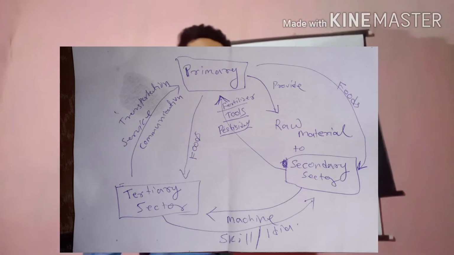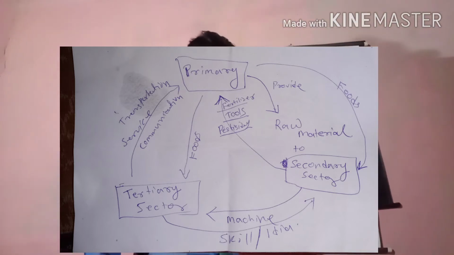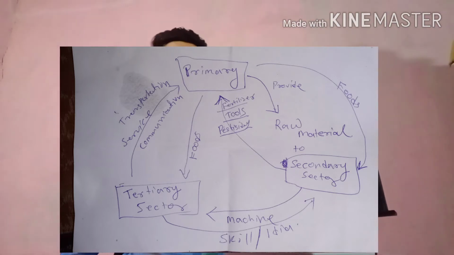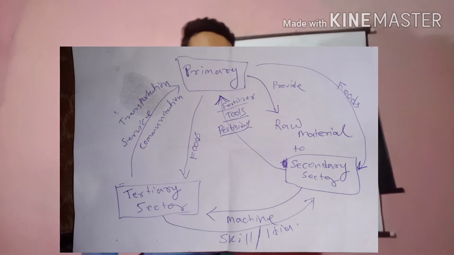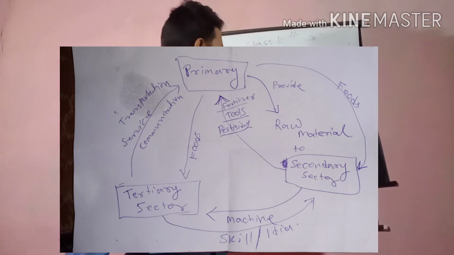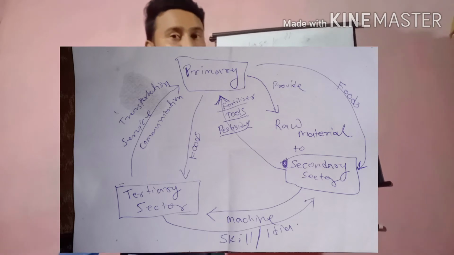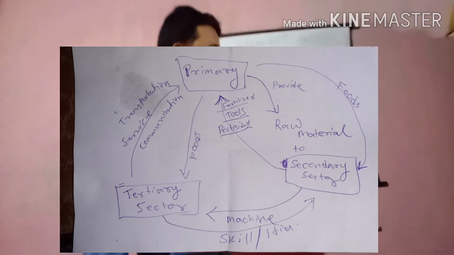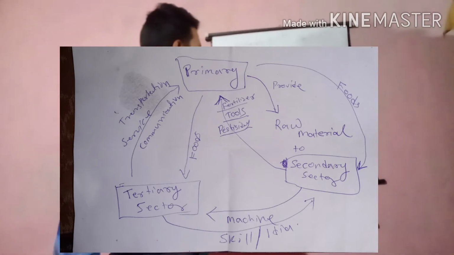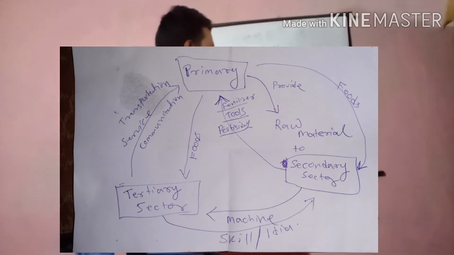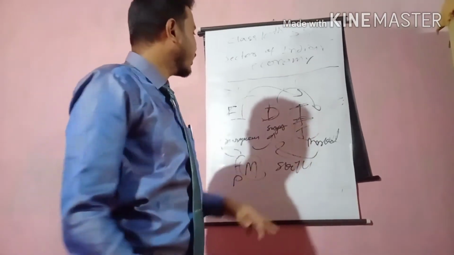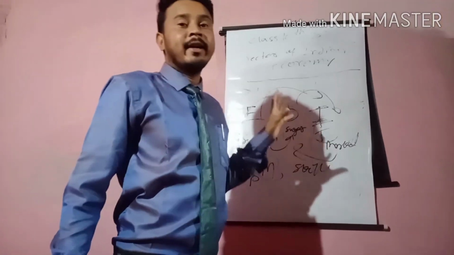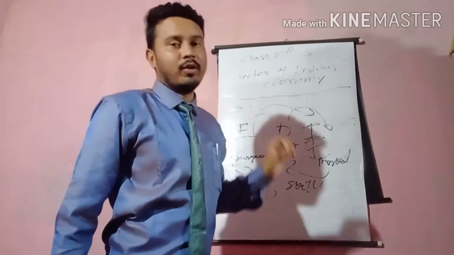The secondary sector always depends upon the tertiary sector for services like engineering and operating. The service sector depends upon the primary sector for food, and the secondary sector also depends upon the primary sector. The primary sector also depends upon the tertiary sector. So all three sectors depend upon each other.